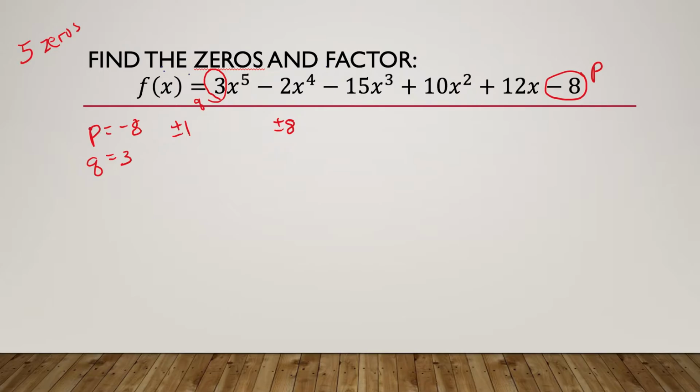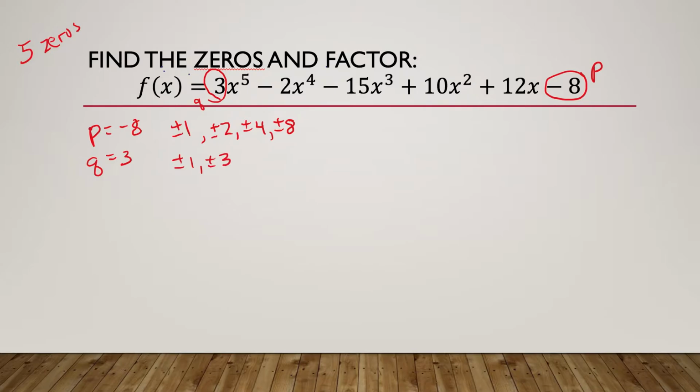And I also know that 2 times 4 would be another way to make 8. So I'm going to do plus or minus 2, plus or minus 4. I'm trying to get them in order as I write them down. For the 3, the only way that I can multiply numbers together to make 3 is 1 times 3. So I'm going to do plus or minus 1, plus or minus 3.